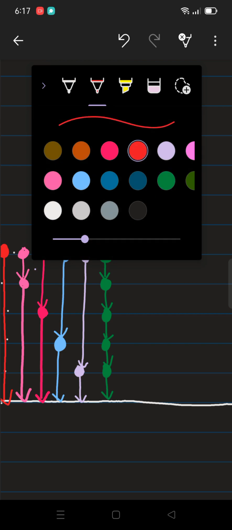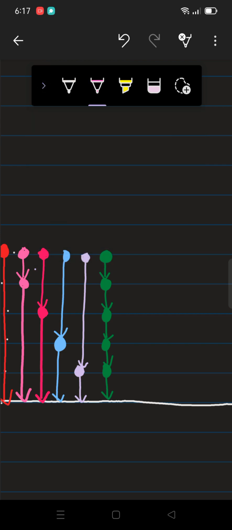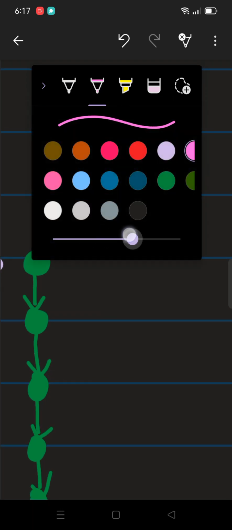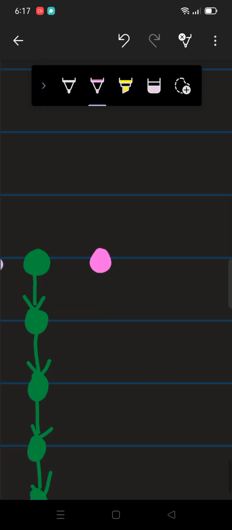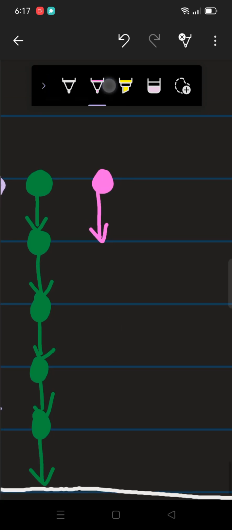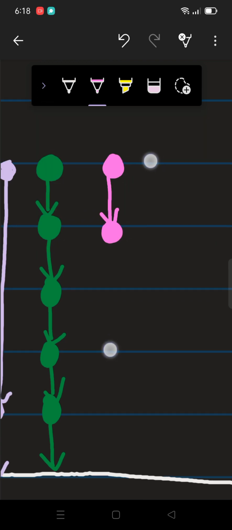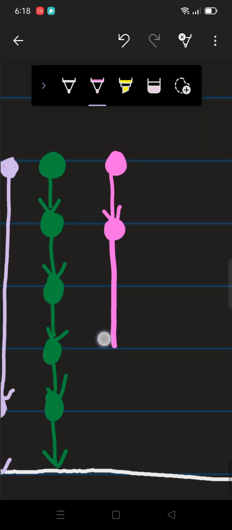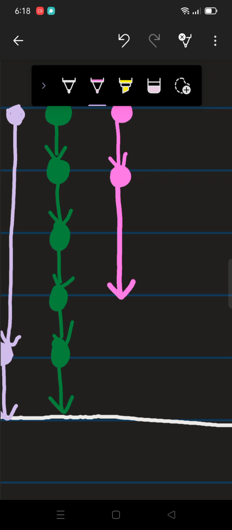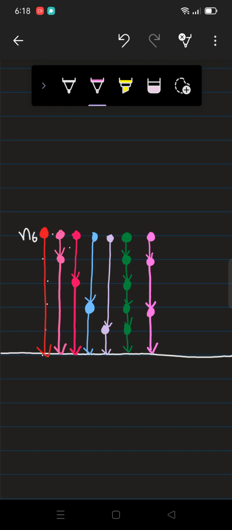For example, if I have an electron here and it is initially going to N5, then this electron from here is not going to N4, however it is going to N3, and then from N3 it goes directly to N1, right?